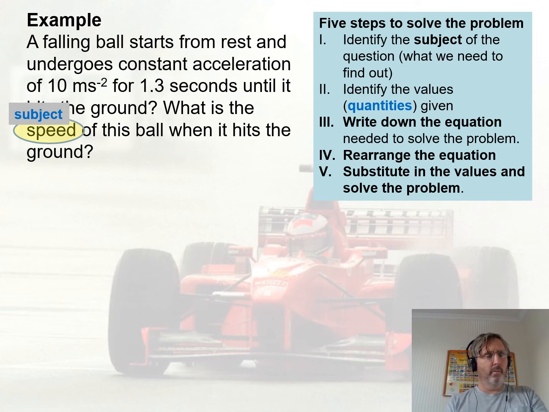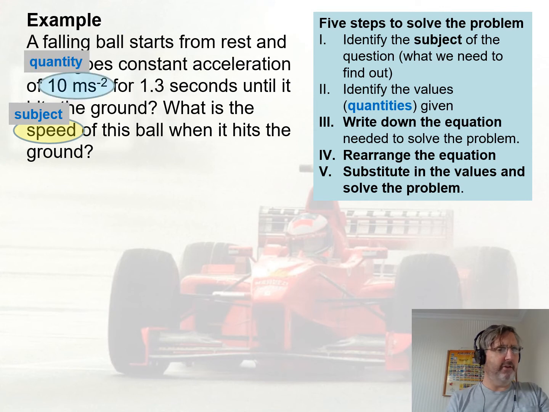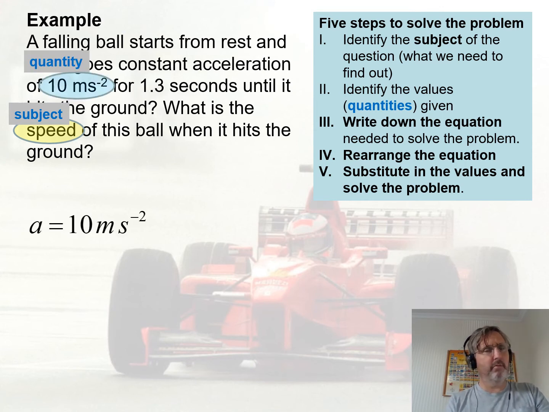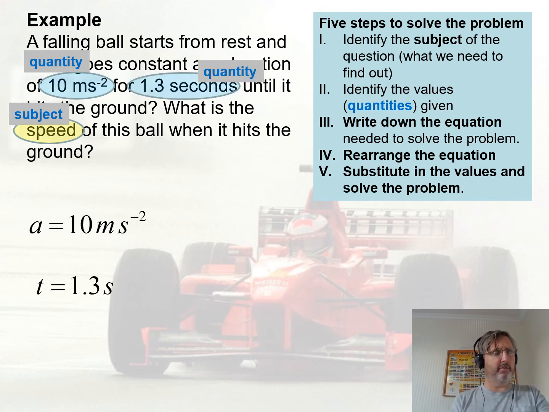What we know, however, is we've got this value of acceleration, 10 meters per second squared. And we also know we've got this value that is in seconds, which is time, that is 1.3 seconds. So I want to find out what V is. I know what A is. I know what T is. Let's see if we can do that.